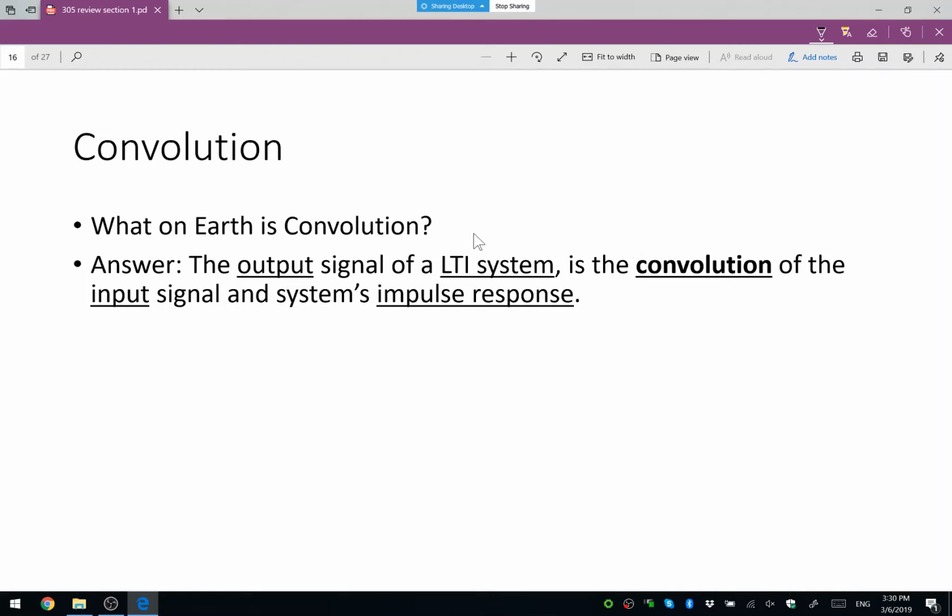This is not often used because later on we're going to use Fourier series and Fourier transformation for that. But if we don't have any transformation, this is the answer. How you get the output from the impulse response is by convolution. But this is definitely not going to be on the test.